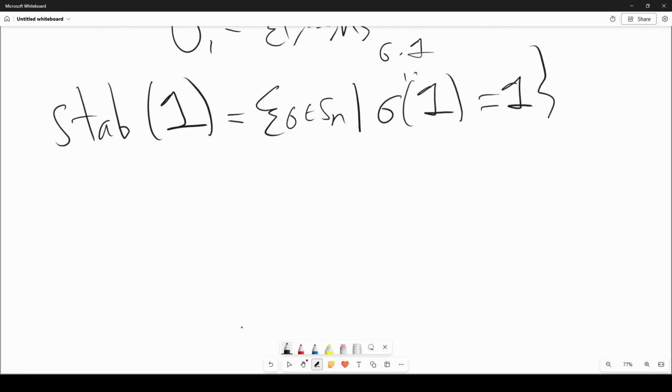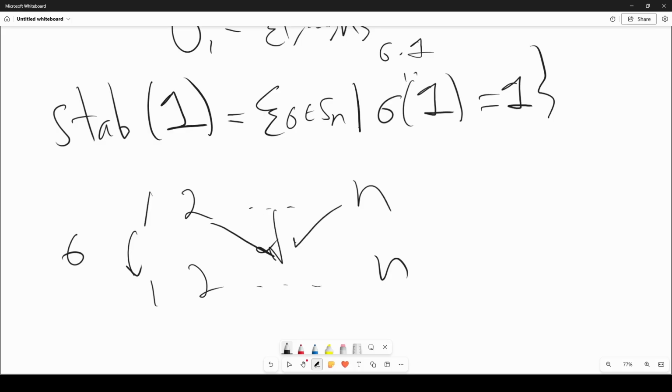So if you're thinking, when is this the case? Well, let's draw a picture. All the way to n. So I know my sigma needs to send 1 to 1, but it doesn't really care about what happens for 2 through n. In fact, 2 through n can get sent to basically wherever they want. And so you can think of sigma as keeping 1 constant, but permuting the set 2 through n.